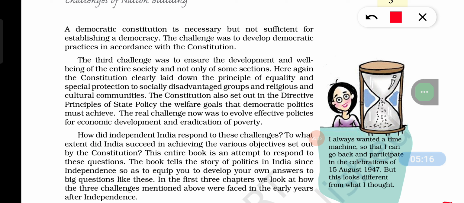The constitution also set up the directive principles of state policy and welfare goals, which democratic politics must achieve with the help of the people.